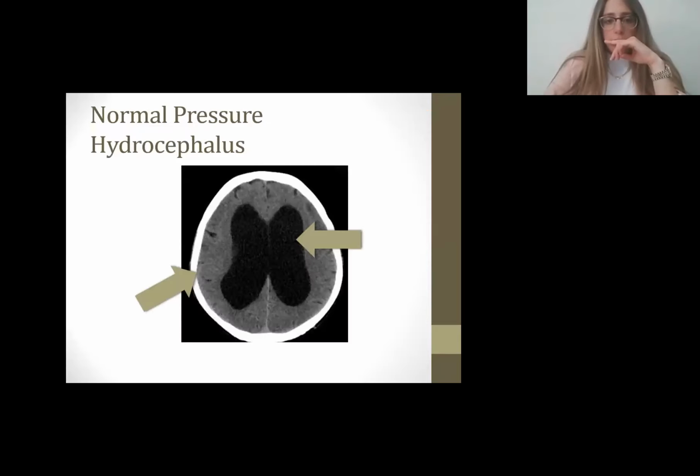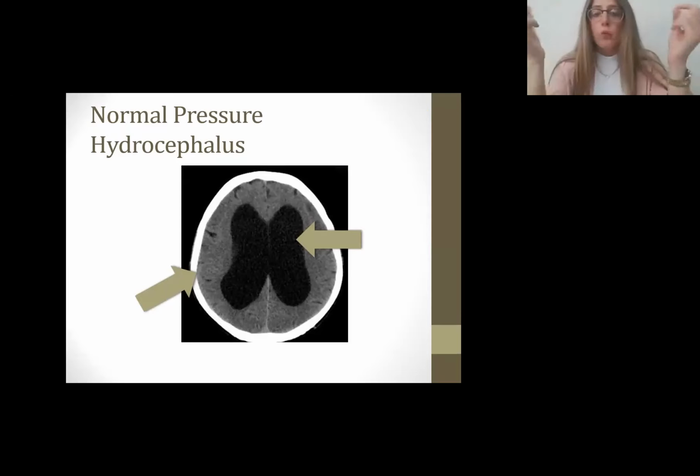So, normal pressure hydrocephalus. When you see, let's say, for example, a ventricular enlargement out of proportion to the brain dimensions and without any sulcal dilatation, so the only dilated part is the ventricles and everything else looks good, you have to immediately think normal pressure hydrocephalus.